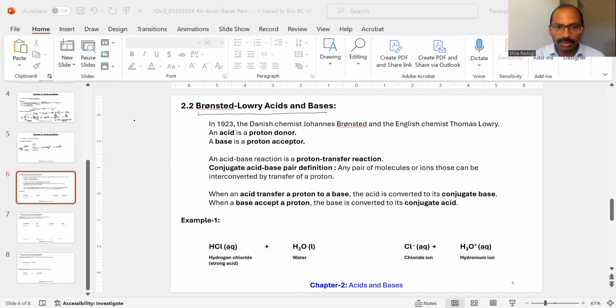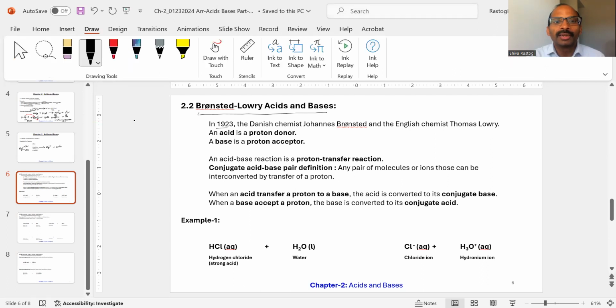According to Bronsted-Lowry, in 1923, the Danish chemist Johan Bronsted and the English chemist Thomas Lowry gave their definition: acids are those compounds or substances which are proton donors, meaning they can donate a proton, and a base is a proton acceptor. This definition is an enlarged version of the Arrhenius acids and bases.